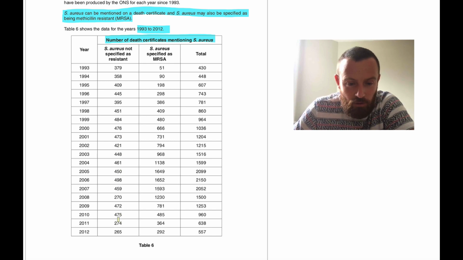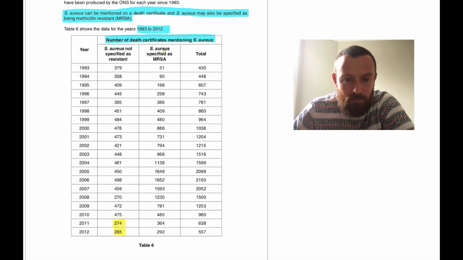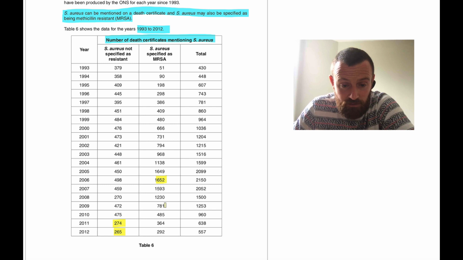It seems to go down quite a lot here from 2010 to 2011. Let's look at this. Specified as MRSA, it's climbing, going up, oh gosh, it's getting super high. This is the maximum here, and then it's starting to decrease, a big decrease here from 12 to 7, and then it continues to decrease after there.